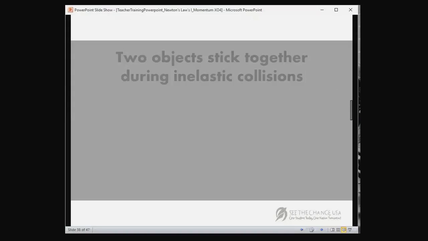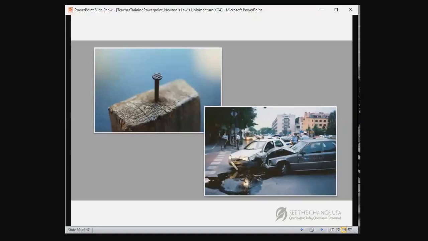And that net result is slowing down. Some common inelastic collisions: if a nail is being driven into a piece of wood, a hammer will transfer momentum into the nail, and that nail transfers momentum into the wood in a very inelastic collision. And the wood transfers momentum into the earth.